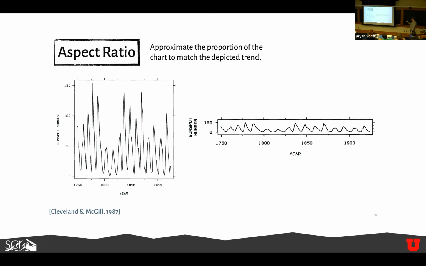So here's a situation where interpretation is quite different based upon the aspect ratio of your chart. So again, these are the same chart. This one is much taller, this one's wider and not as tall. So let me just ask you, what do you note about the thing on the left? What jumps out at you?